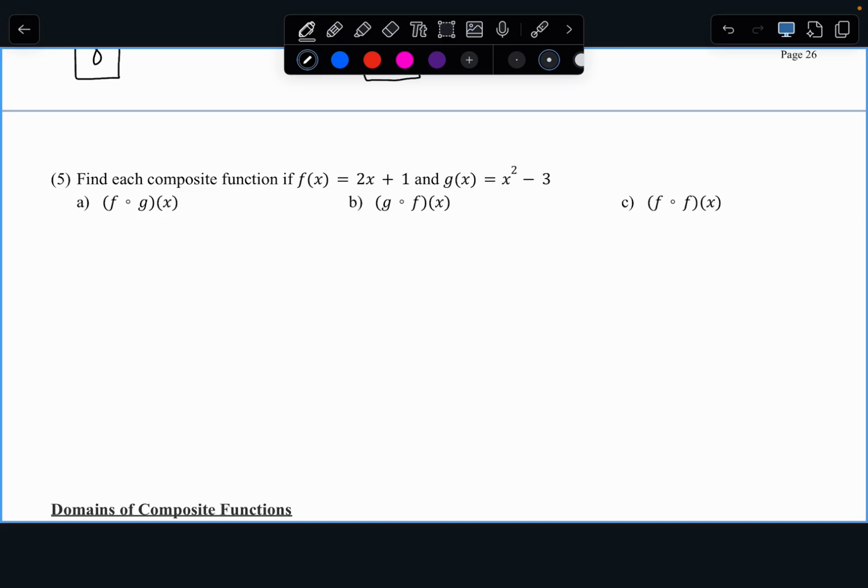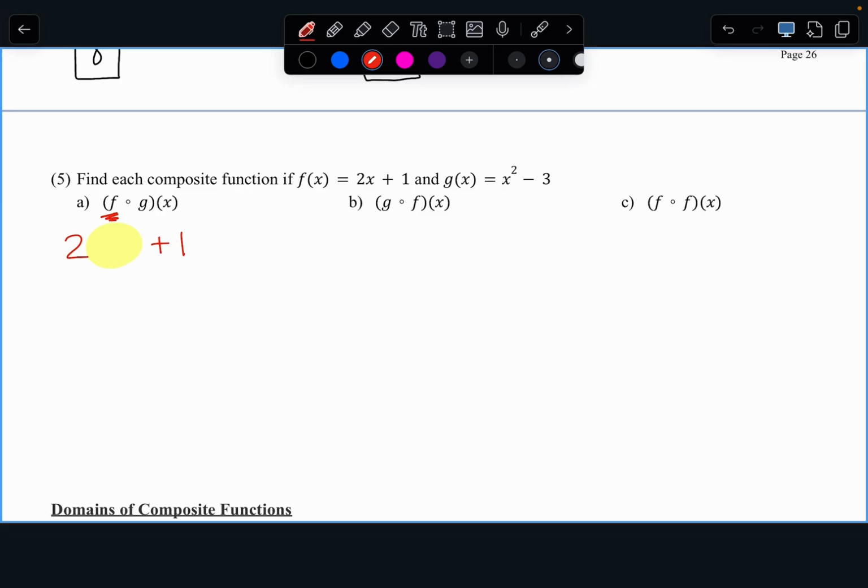So we've got different functions now. So f composed with g of x. What are we starting with? Start with f. So we've got 2 stuff plus 1.